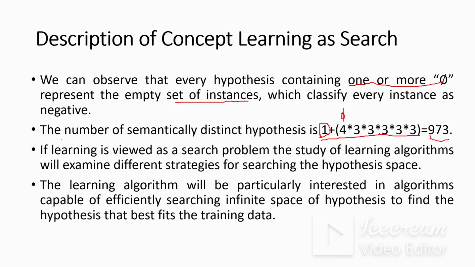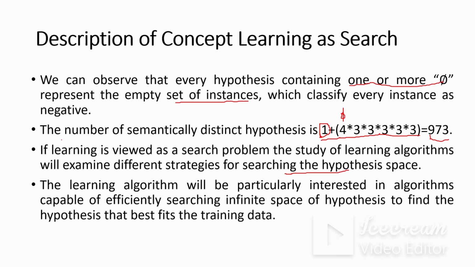Now, as we are looking at concept learning as a search problem, we are looking for different strategies for searching the hypothesis space, because where we are going to search is nothing but the hypothesis space.